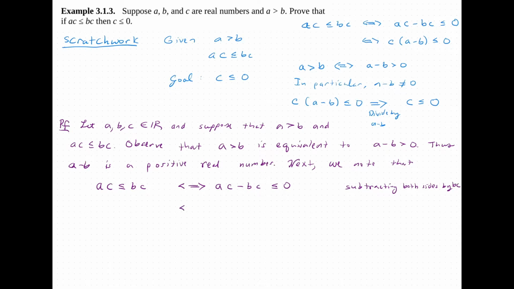Now this, we can now factor a C out. We have A minus B times C less than or equal to 0, distributive property.